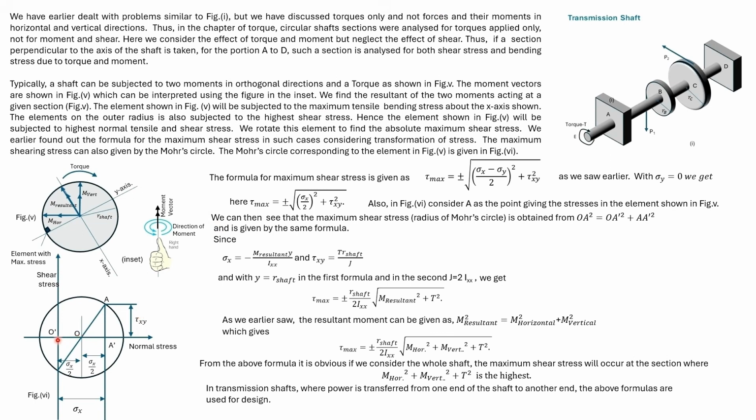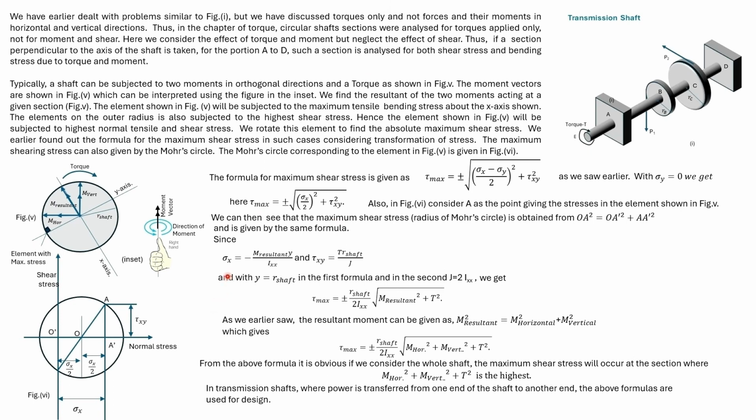So O'O is sigma x divided by 2 and O'A' is sigma x, which means OA' is sigma x divided by 2. Now OA squared is equal to OA' squared plus A'A squared, which will give us the same formula.